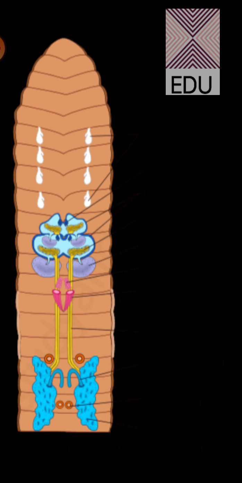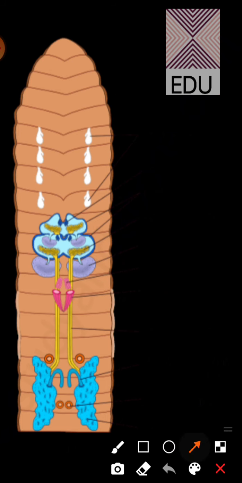So students, first of all, we have these spermathecal pores. As we have discussed in the morphology of the earthworm, the earthworm has got 4 pairs of spermathecal pores which are present on the septa or the annuli of 5th, 6th, 6th, 7th, 7th, 8th and 8th, 9th segment.